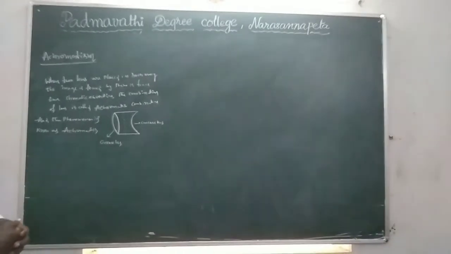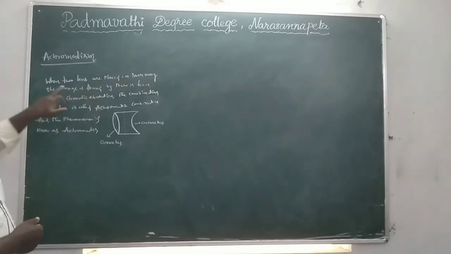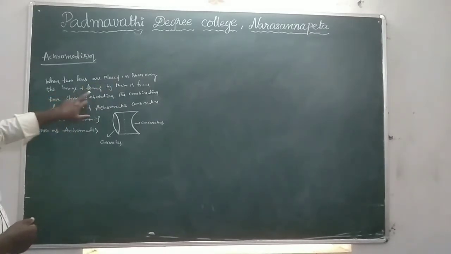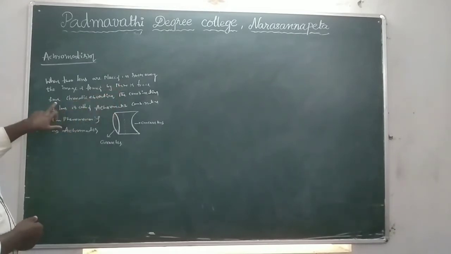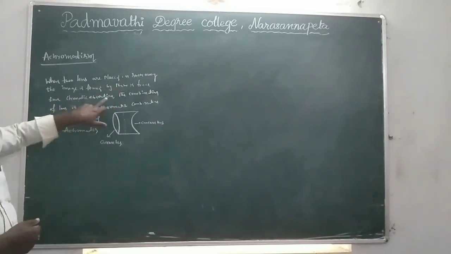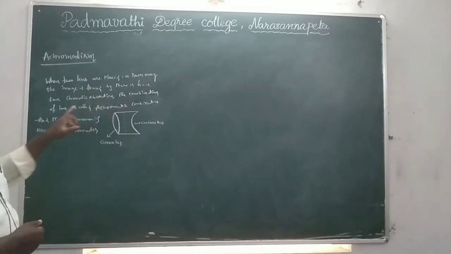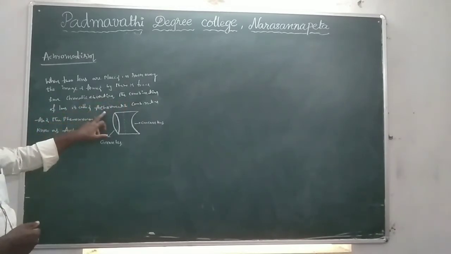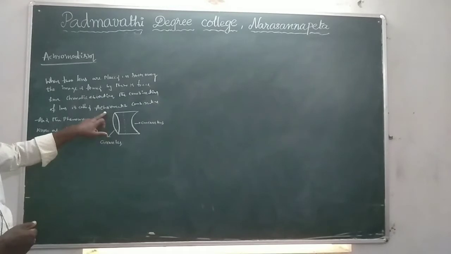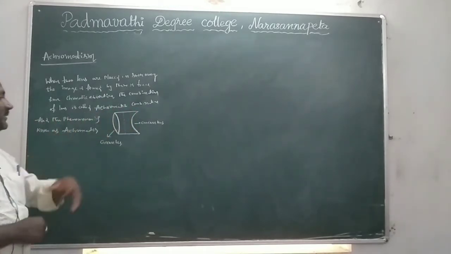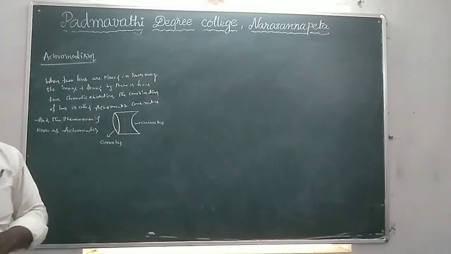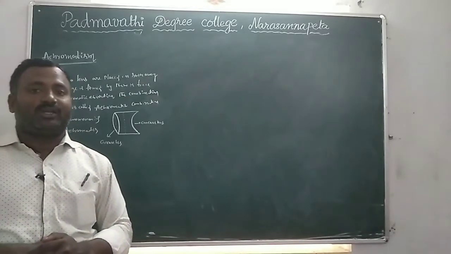Achromatism means when two lenses are placed in such a way that the image formed by them is free from chromatic aberration. The combination of lenses is called an achromatic combination, and that phenomenon is known as achromatism.